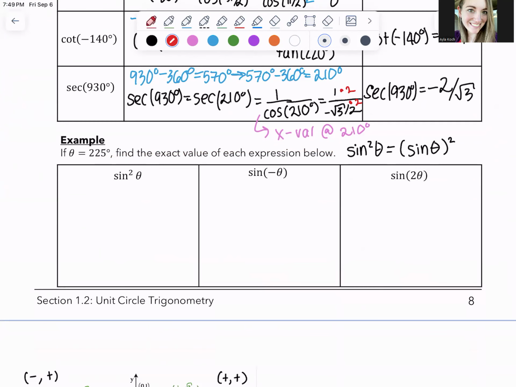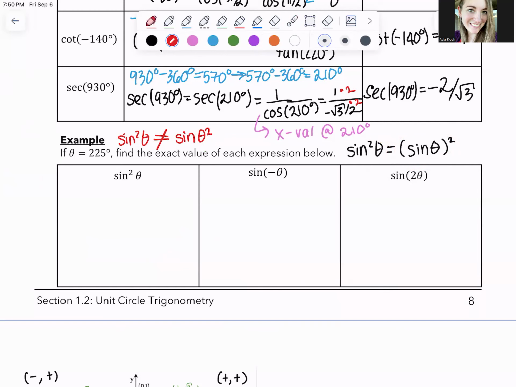It is not the same thing as sine of theta squared. Sine of theta squared would be squaring theta, not the entire thing. So we want to square the entire thing. That's why the square is here and not over here.